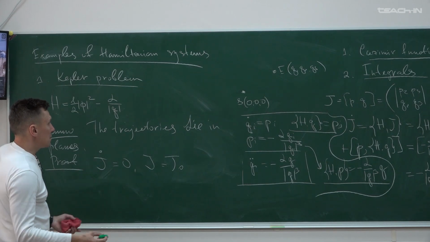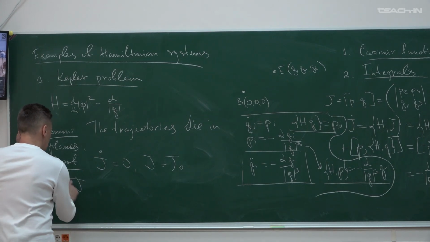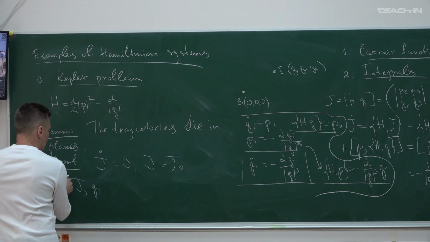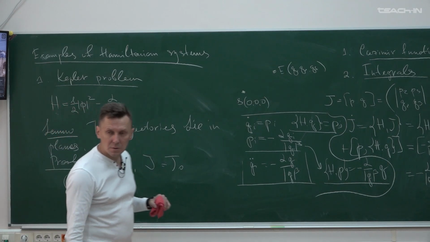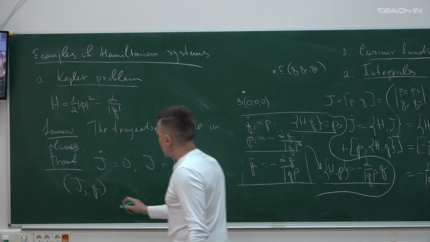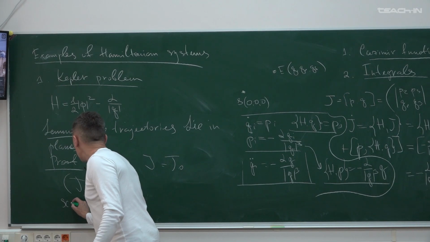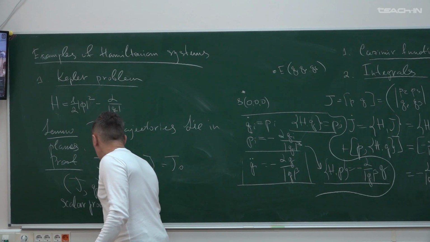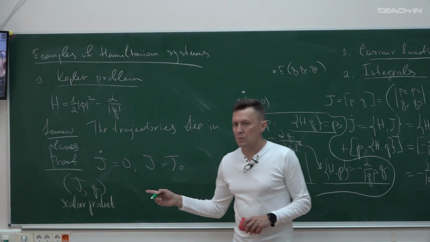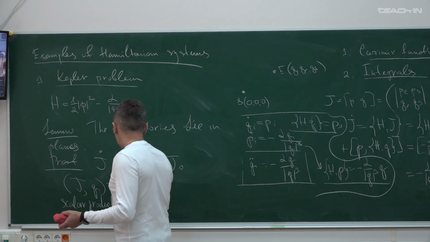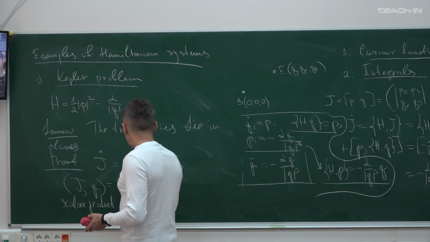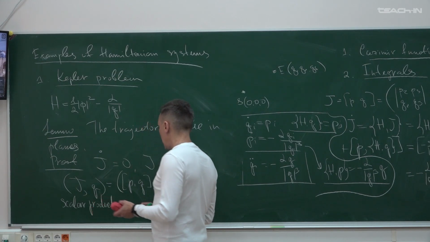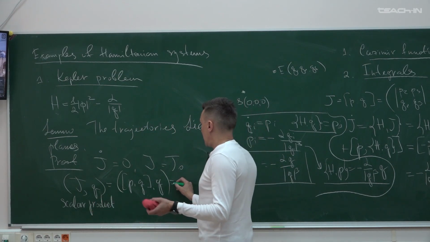And it is some vector. And we know that J with Q, just a scalar product, by our definition, is P Q Q, which is 0.